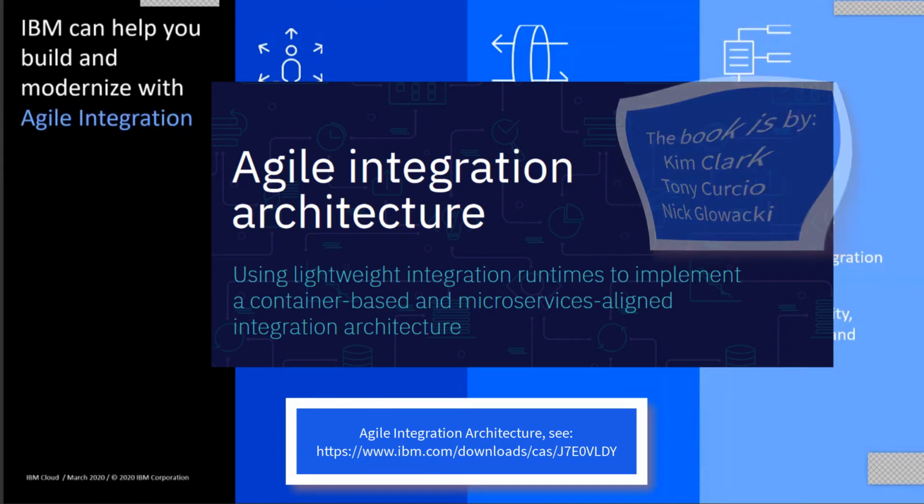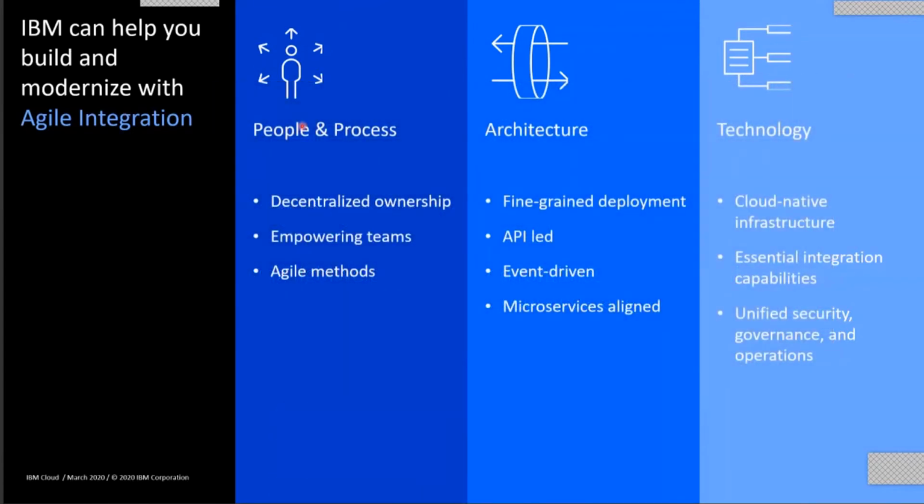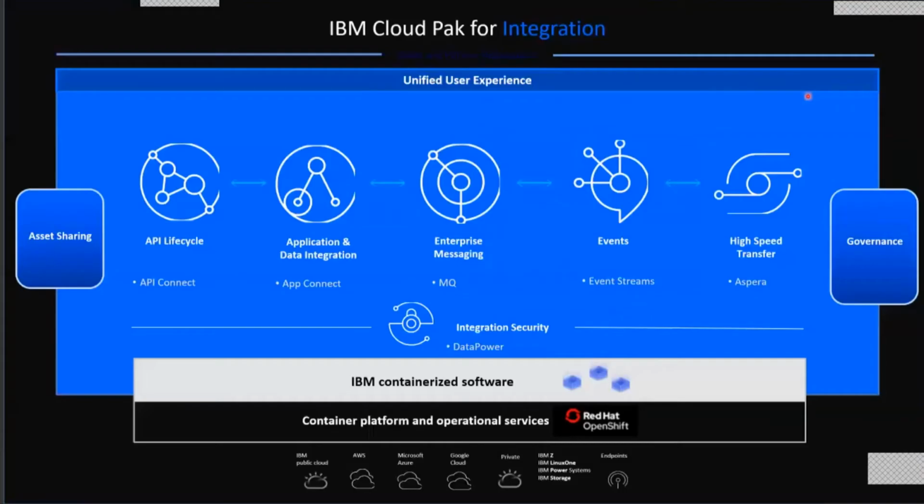But we believe that we need to gear agile integration around people and process, architecture and technology. This is our IBM Cloud Pak for Integration. So there's a set of products in there, and between them all they do things like asset sharing and governance. But the products are really API lifecycle, from our side the API Connect product.